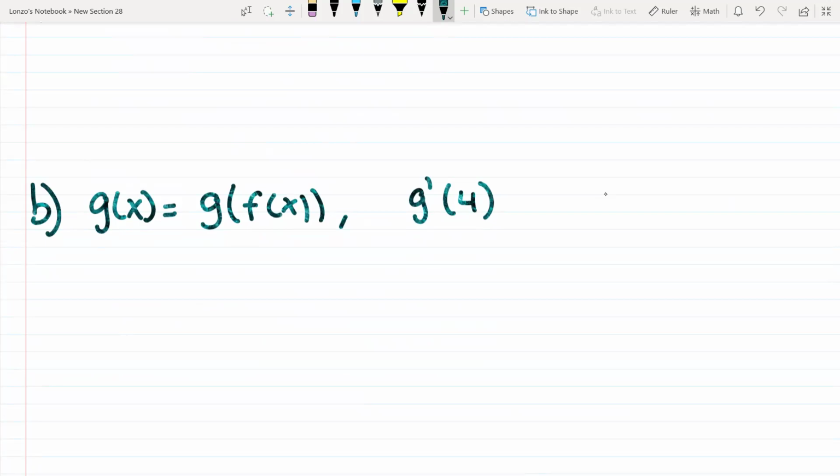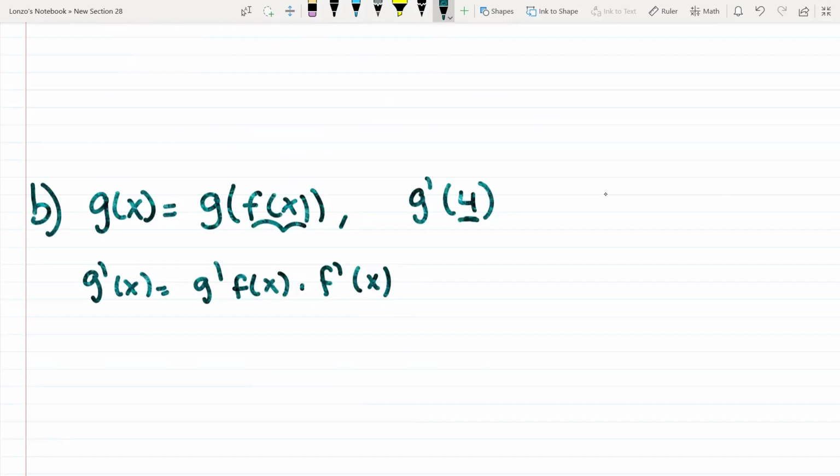So you apply the chain rule, so it's g prime of f of x times the derivative of the inside, so f prime of x. And then you plug in your x value 4. That's g prime of f of 4 times f prime of 4.